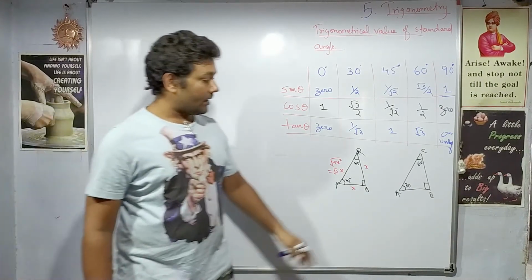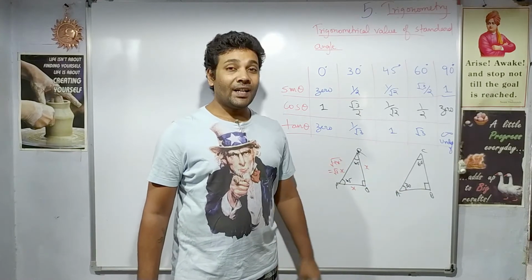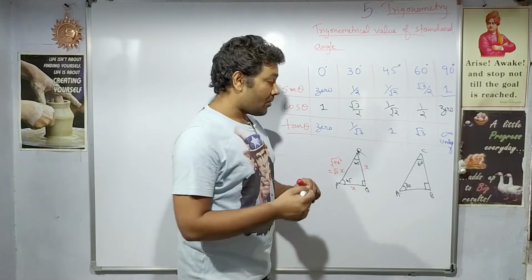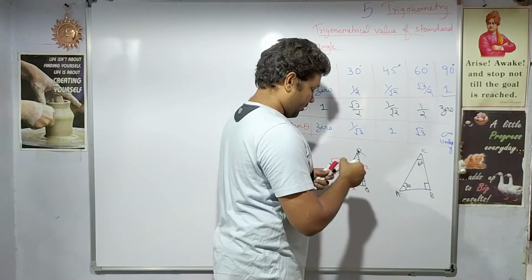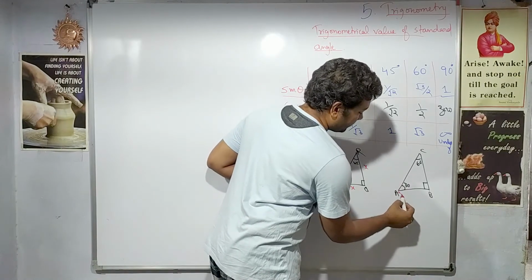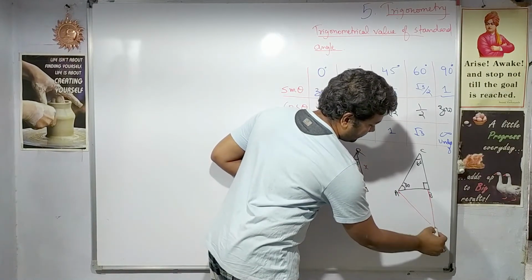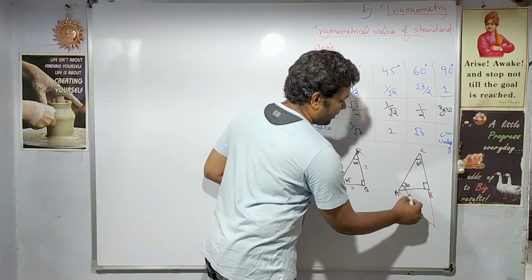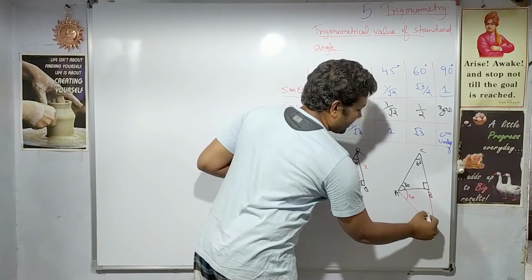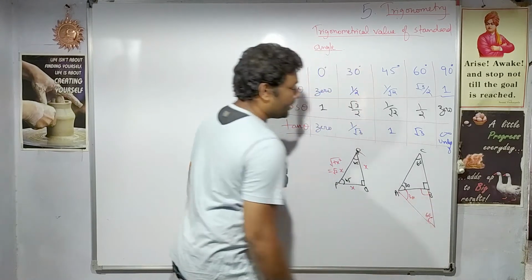To find out the values of 30 and 60 degree, I will need to draw some extension. What extension? Something of this form. This will be a 30 degree exact mirror image. Here it will be 60 degree, and obviously this is 90 degree.